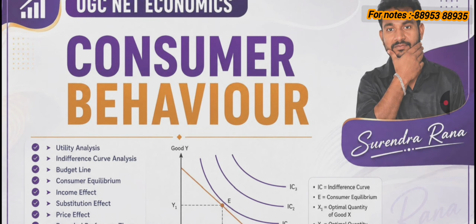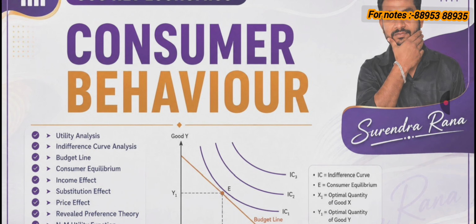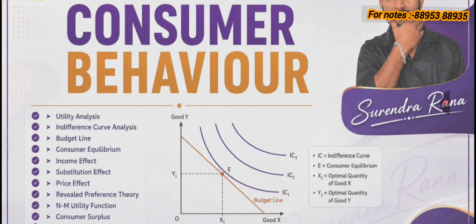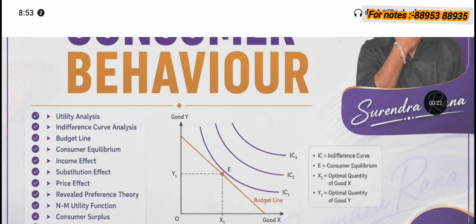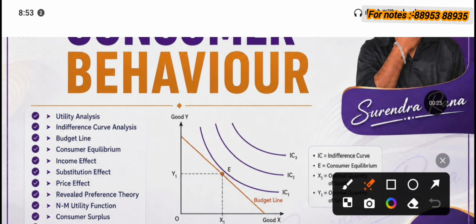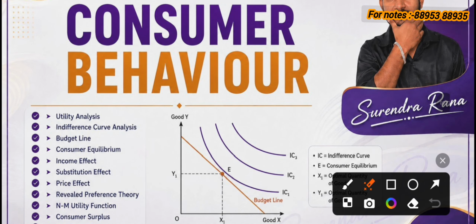If you are preparing for UGC NET Economics or any economics competitive examination, then this session is extremely important for you. In this video, we will cover utility analysis, indifference curve analysis, budget line, consumer equilibrium, income effect, substitution effect, price effect, revealed preference theory, NM utility, consumer surplus and the rest of the theory, which is extremely important for you.